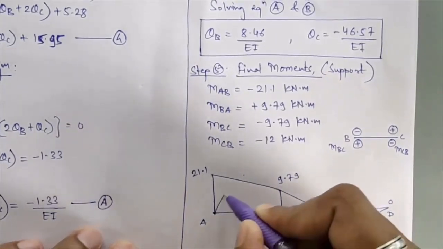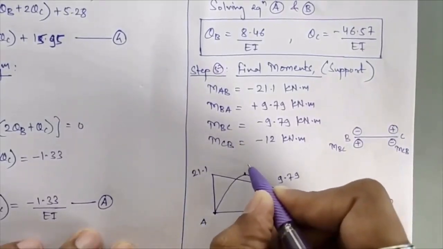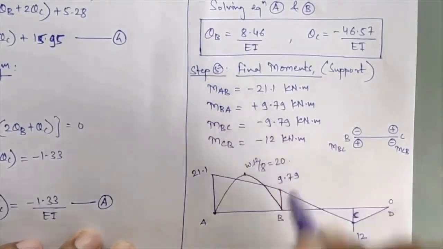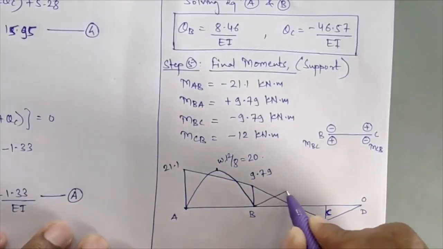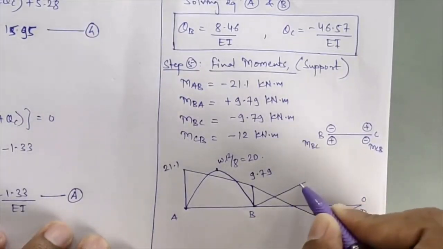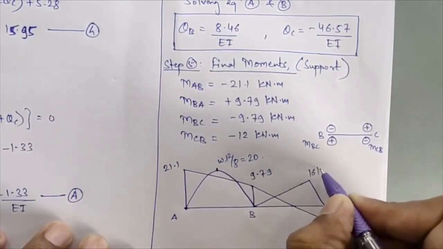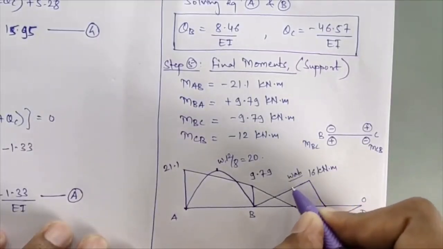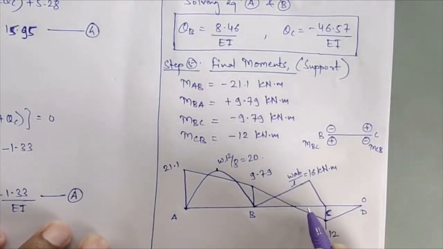It is equal to WL square divided by 8, which is 20. The 16 is for the point load, somewhere here, equal to 16 kilonewton meter, which is WAB by L. This will be maximum under the point load position.